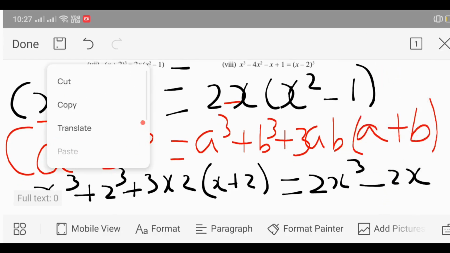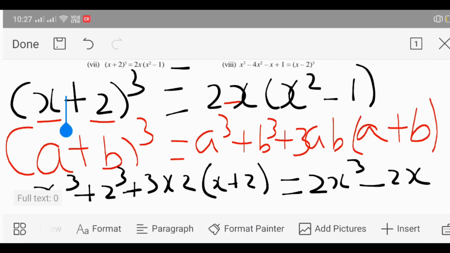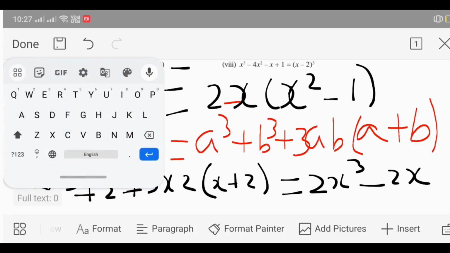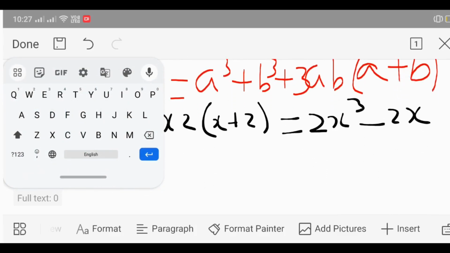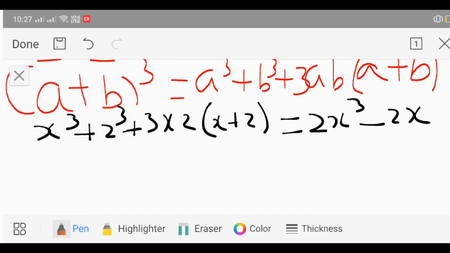Now I am going to expand this one. I am going to bring this 2x inside the bracket.